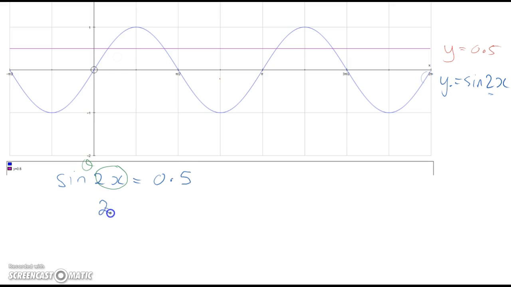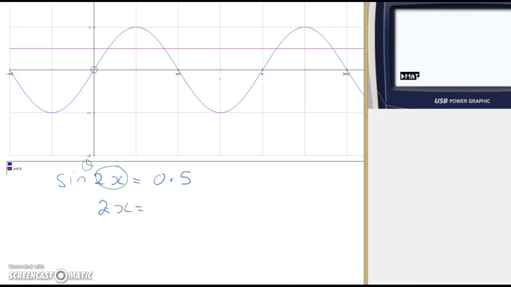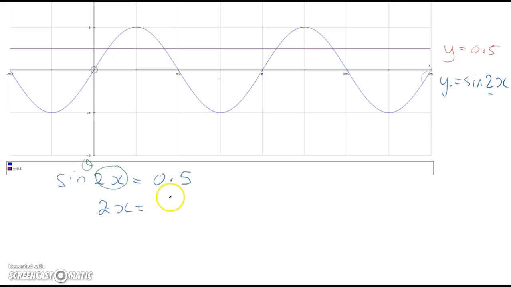So 2x is going to equal, I know we did it the last time, but let's just look again. Shift sine, so inverse sine 0.5, and I'm going to get 0.524. Now, remember, I have got theta over there, and I have got alpha over there.